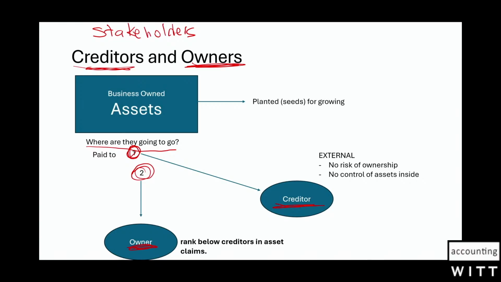So what makes someone a creditor versus an owner? One way to define it, a creditor is first in line, and there is a limit to how much they get.